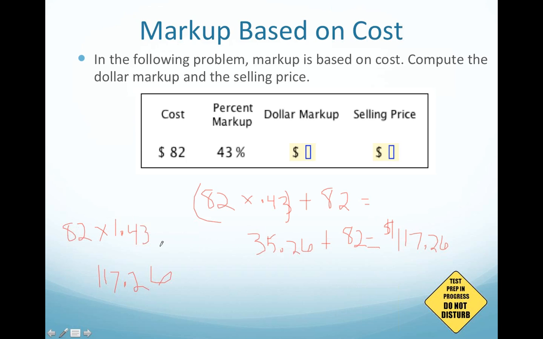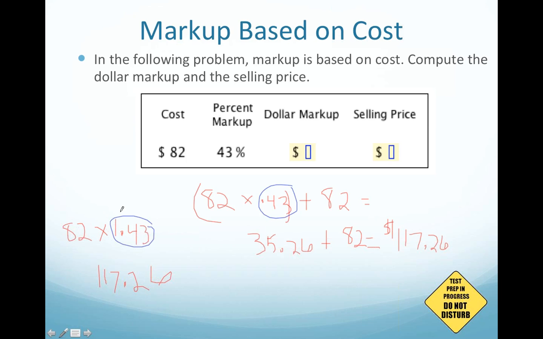Now, that's where the difference is. In the first one, let me change the colors on these pens. I'm going to make it blue. In the first one, we multiplied by 0.43. In the second one, we multiplied by 1.43.